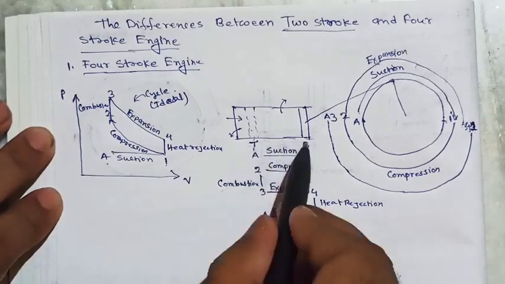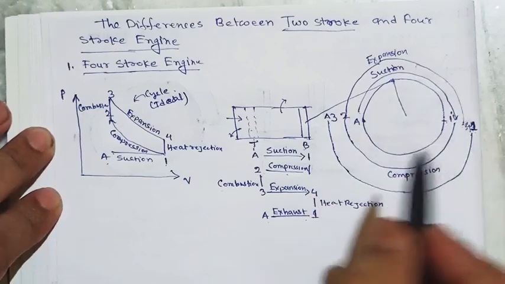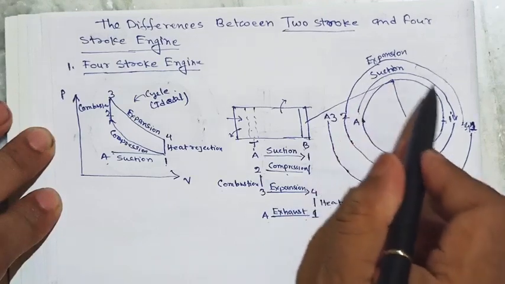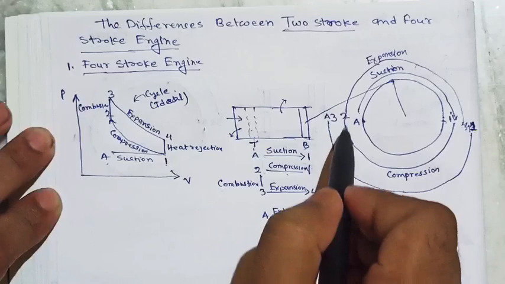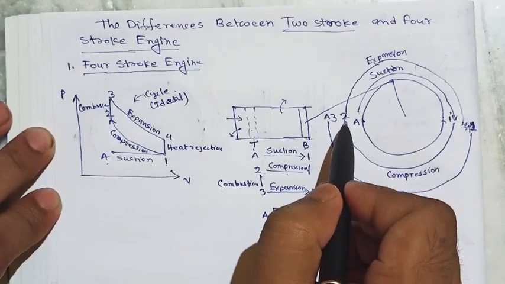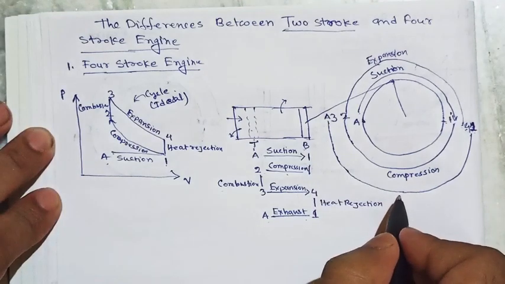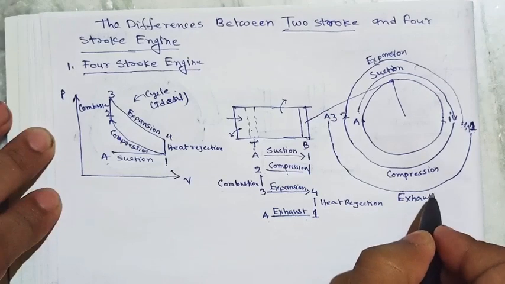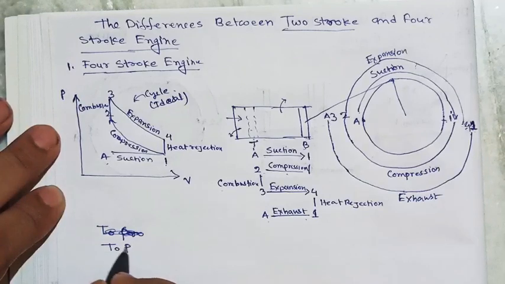The piston only moves, and this crank is rotating, only in these 4 processes. This is the exhaust process.